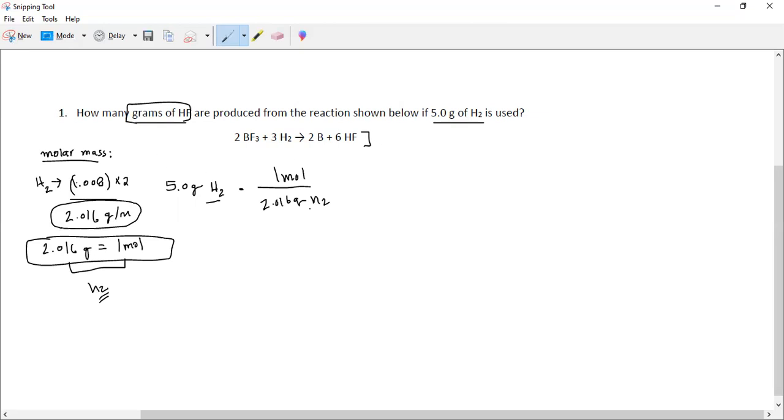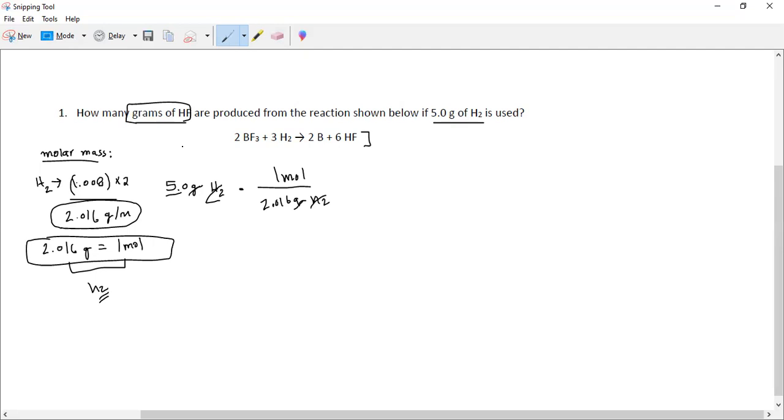These cancel out, and of course the grams do as well. When you do this multiplication, which is 5 over 1 divided by 2.016, that is precisely how many moles are in these many grams of hydrogen gas. So this gives you moles of hydrogen gas if you had 5 grams of it.